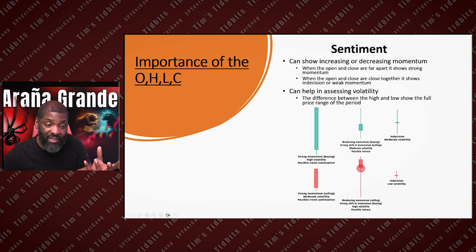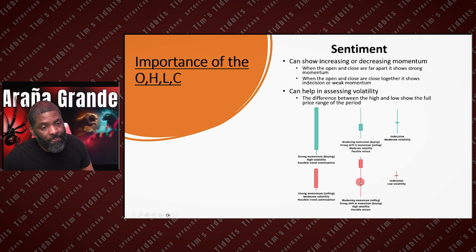So it's a red candle, but that's a lot of strong buying momentum, right? And it's a very large candle, so it's a big difference between the high and the low. That's high volatility. This also indicates a possible retracement because it was a red candle. We had sold down, so this would be a possible retracement into the next period.